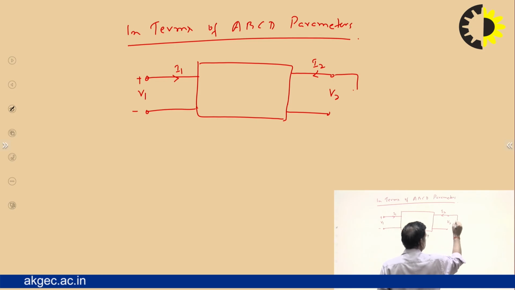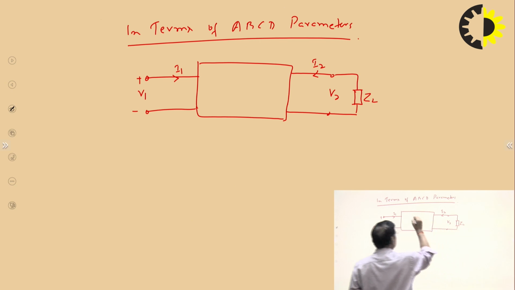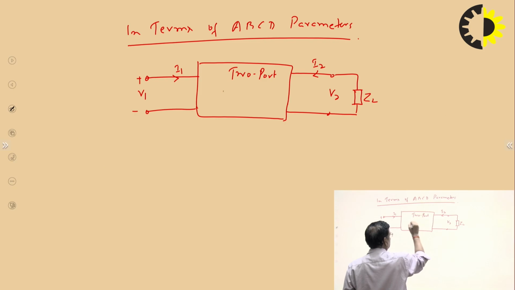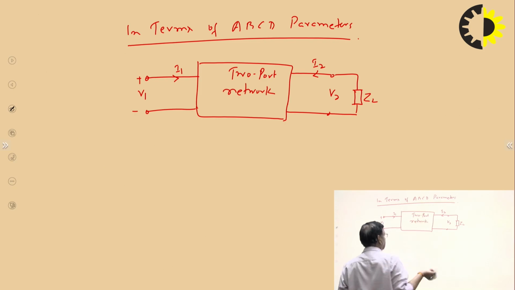And this load is terminated. This is ZL. This is a two-port network using ABCD parameters.